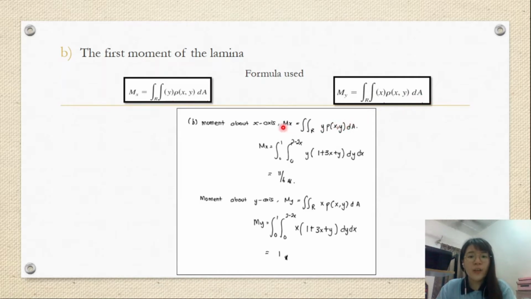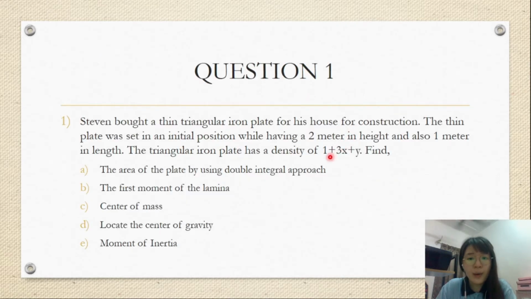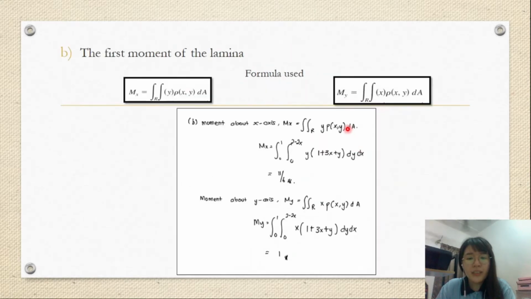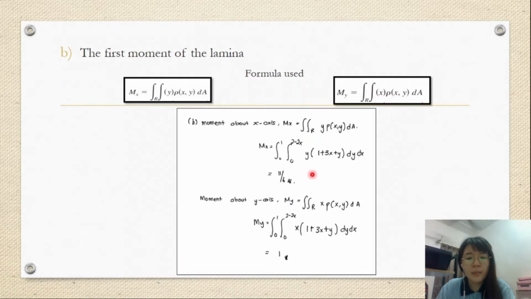So to find the moment about the x-axis first, what is the function of rho(x,y)? It is given in the question, which is 1 + 3x + y. So we substitute this function for rho(x,y). The limits of y and x are the same as the previous one, which is the limit we used for the area.